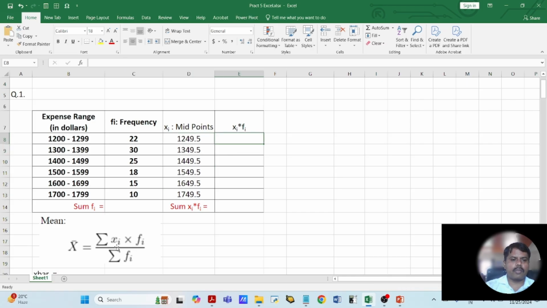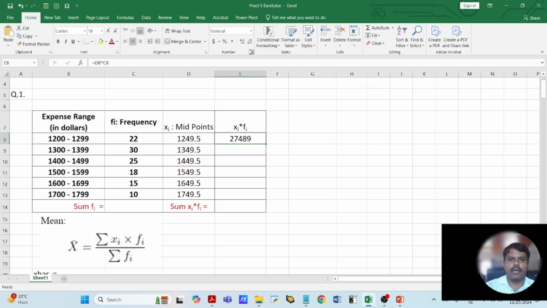Since in the numerator of x bar it is summation of xi into fi, so we have to make one more column of xi into fi, that is multiply xi values by corresponding frequencies fi. So we use formula is equal to click on first xi value into click on first frequency value. So in this way we can calculate multiplication of xi into fi.